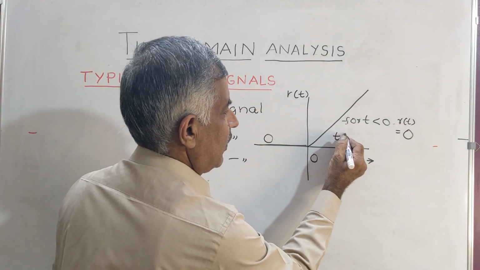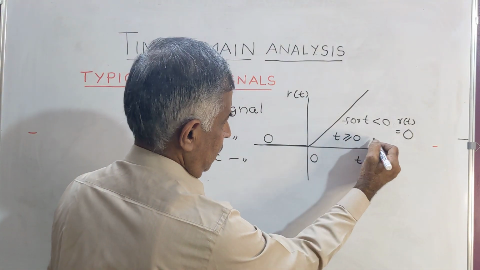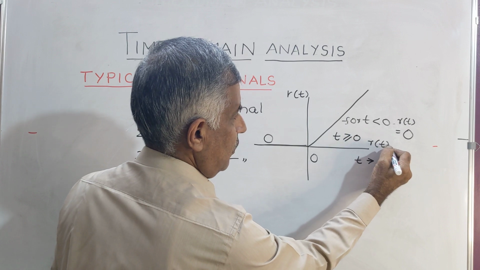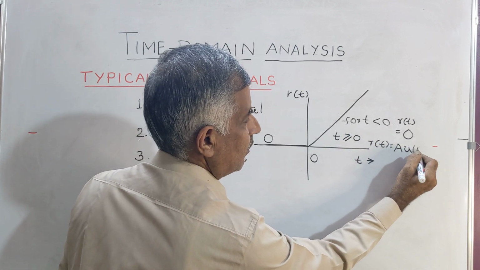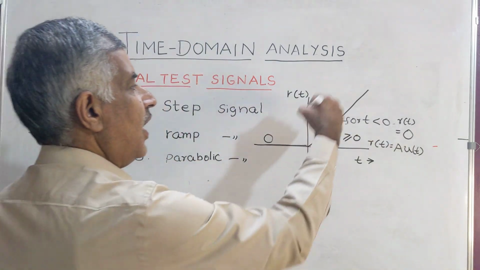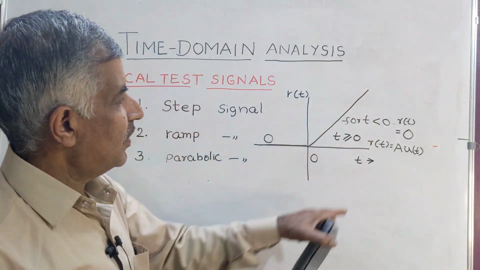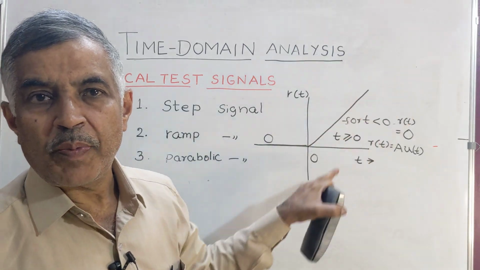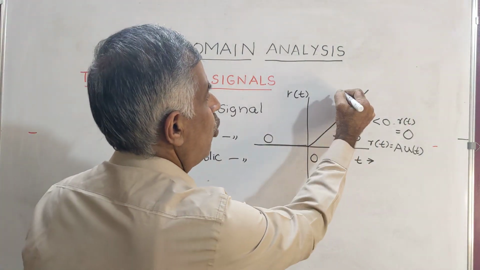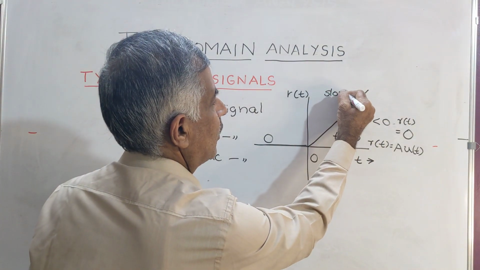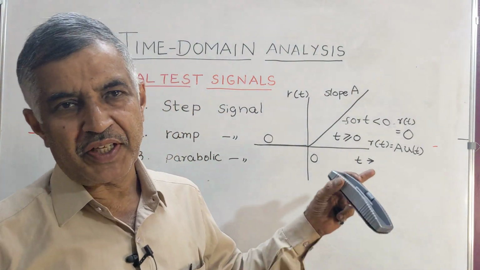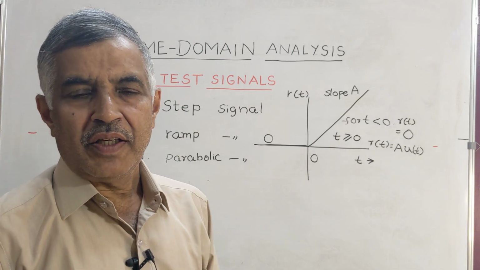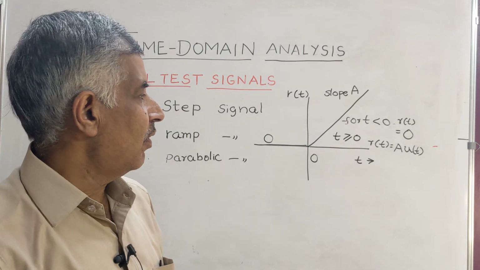And for t greater than or equal to 0, R(t) is equal to A u(t), where A represents the slope of this inclined line. Slope A. You know what slope is? Slope is opposite side by adjacent side, imagining a right angle triangle.